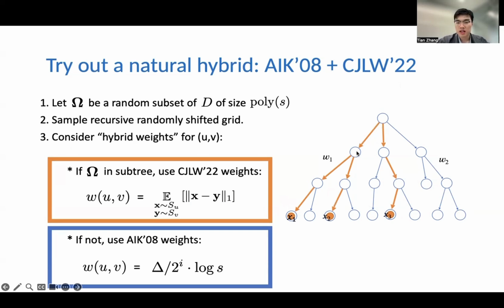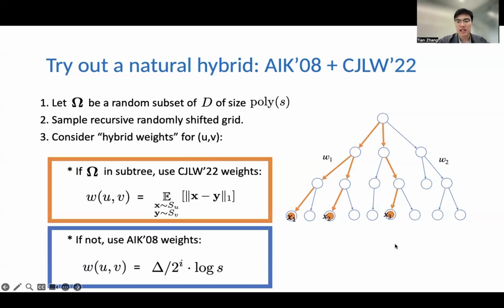So for those orange edges, their CJLW or data dependent weights are well defined, so we can just set them so. For the blue edge there, since there are no points in the omega, we can only use the AIK or data independent weights.